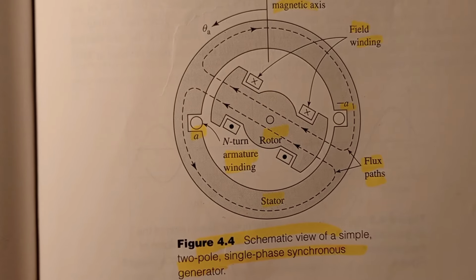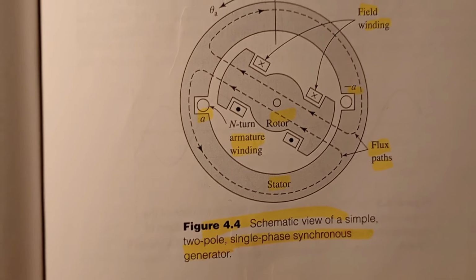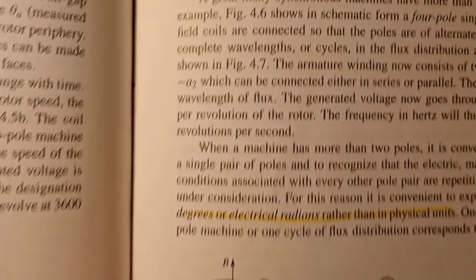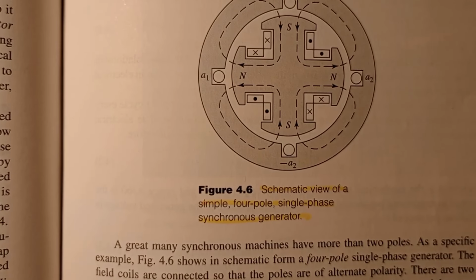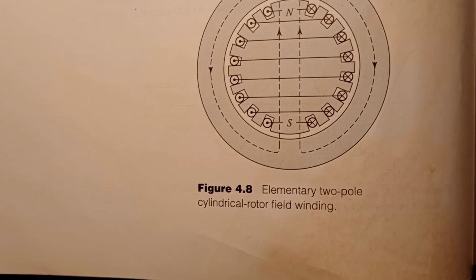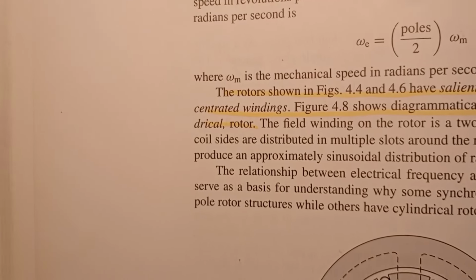Schematic of a simple 2-pole single-phase synchronous generator. This is 4 poles. Elementary 2-pole cylindrical rotor field winding.